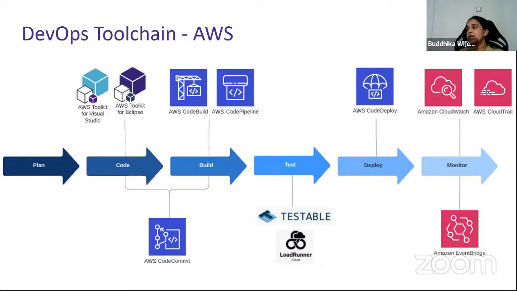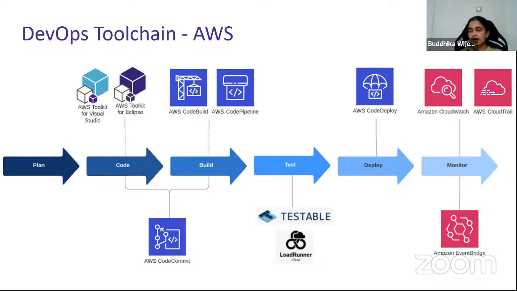These toolkits will make it easier for developers to develop, debug, and deploy the code that you develop. It can be a .NET application, it can be Java. The toolkits will make it easier to deploy using Amazon Web Services. So with that, it will be more productive when building AWS applications.